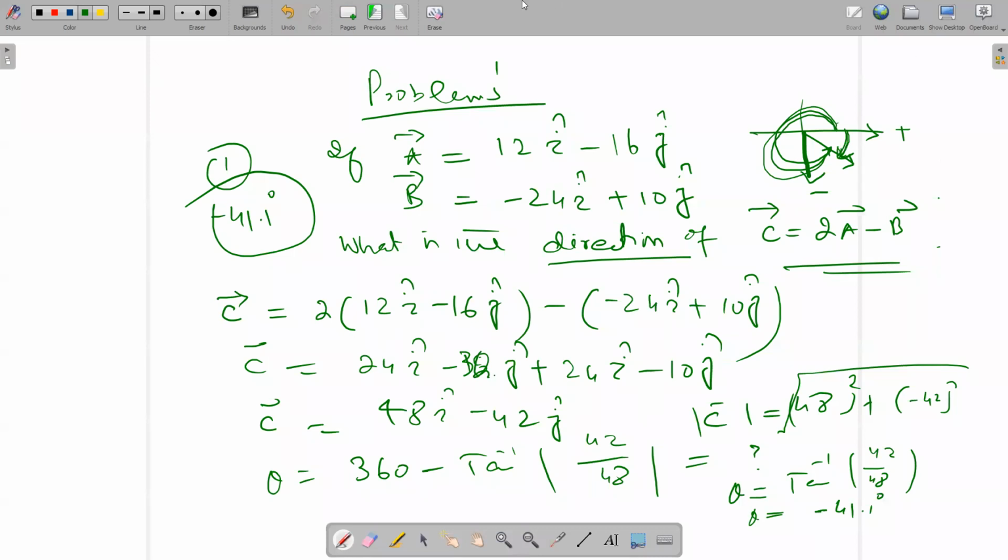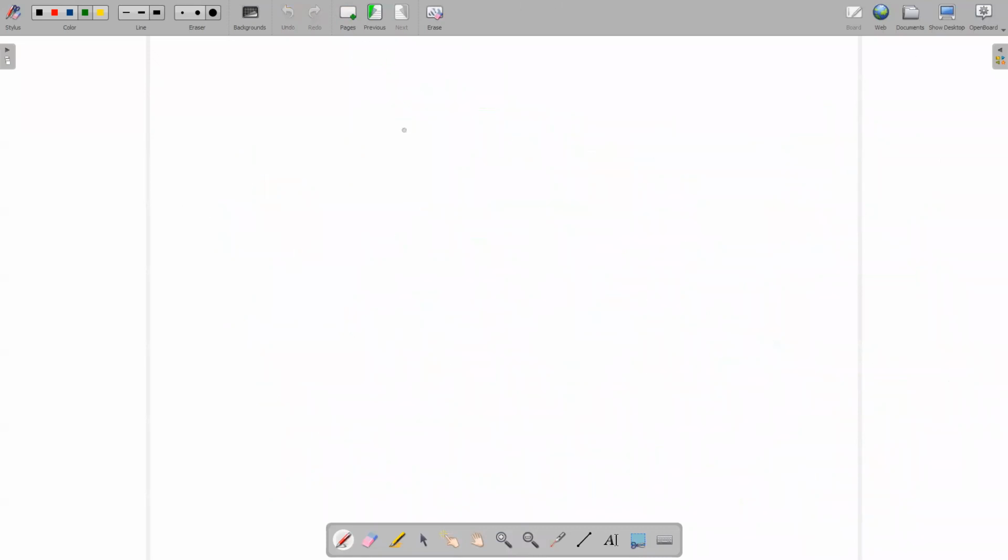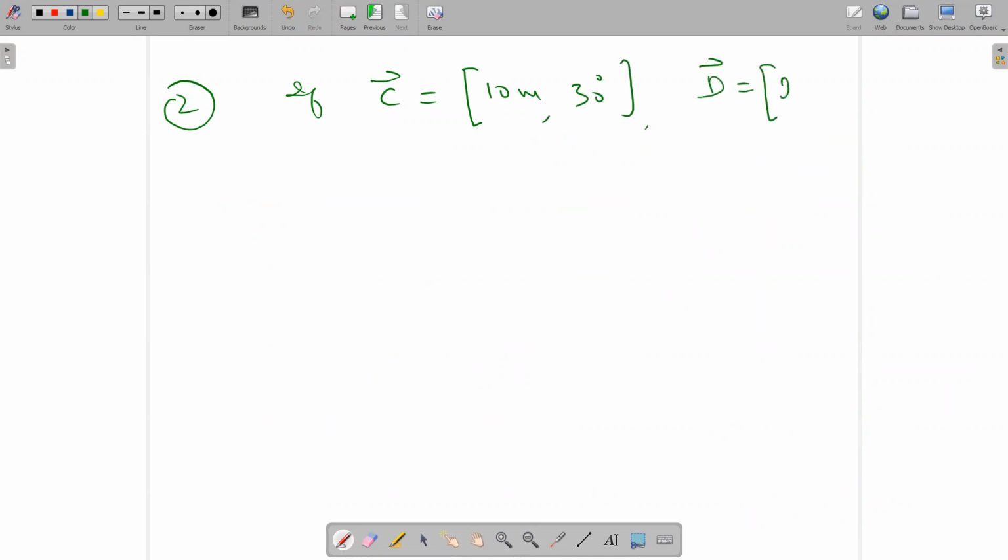Okay, after this, the question is: if vector C is equal to 10 meter at 30 degree, and vector D is equal to 25 meter at 130 degree, what is the magnitude of the sum of these two vectors?